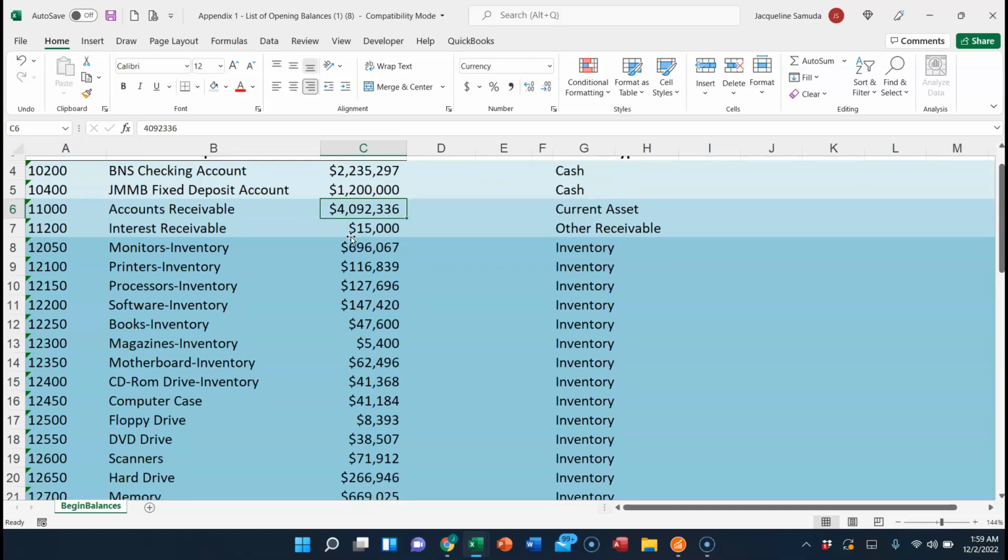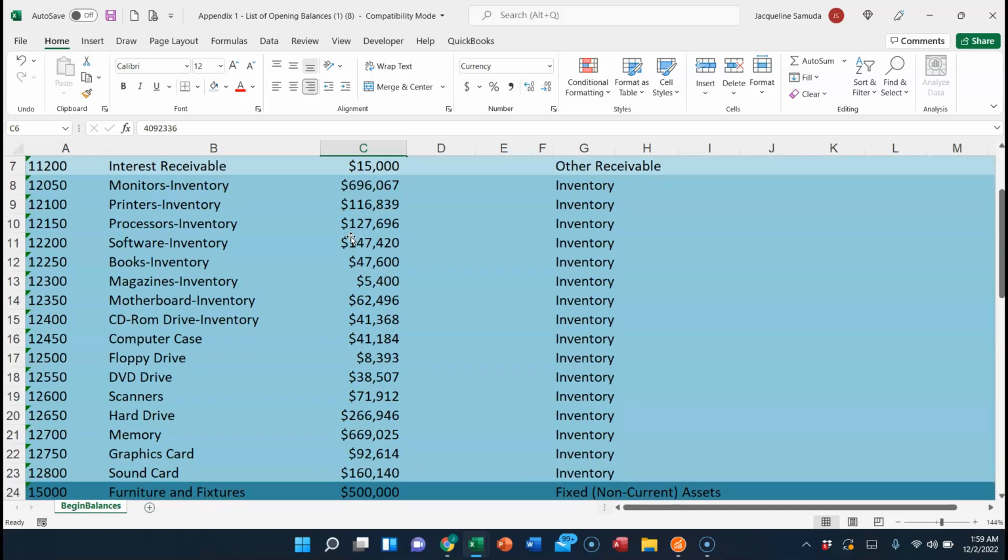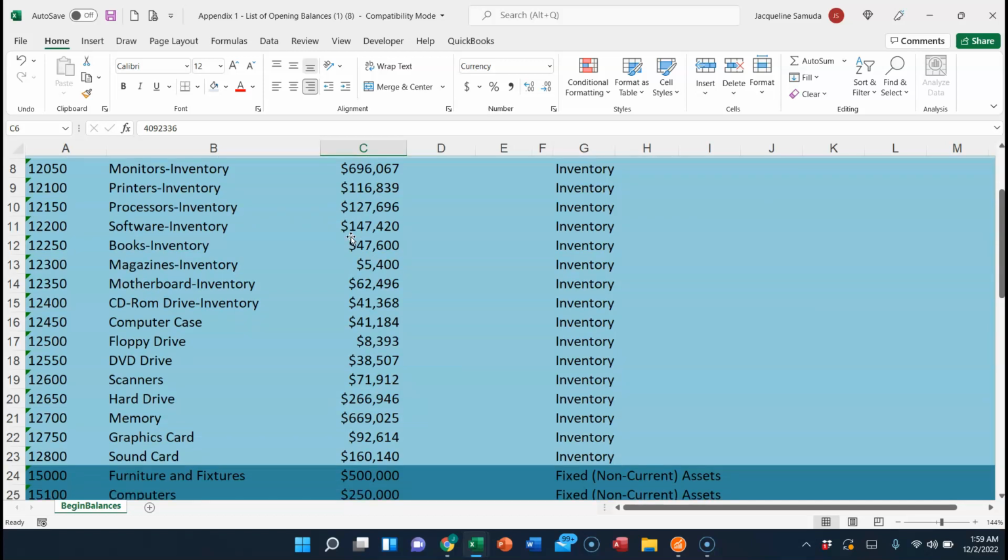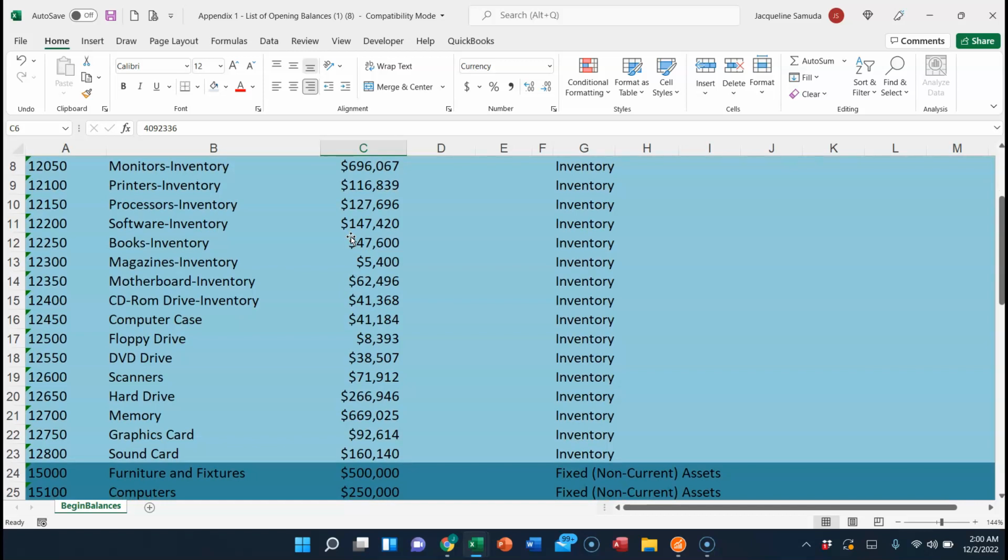But for inventory, we go a bit more detailed in that we have a series of control accounts for the different groups. Now the monitors, the printers, the processors, these are all total values for the cost of the inventory items that you have in store at the start of the financial year. Now remember, these inventory totals have a detailed listing, and this detailed listing is Appendix 4.